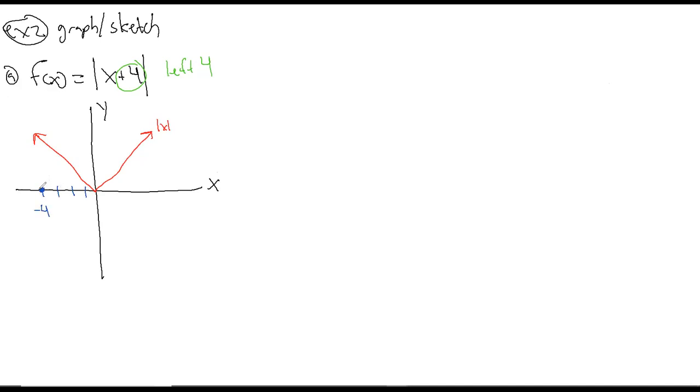That point at the origin is now sitting at -4 on the x-axis. And then we draw our V from there. So the blue one is the absolute value of x with the plus 4 inside. The blue is the answer here.